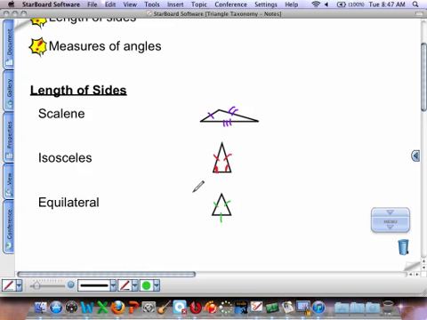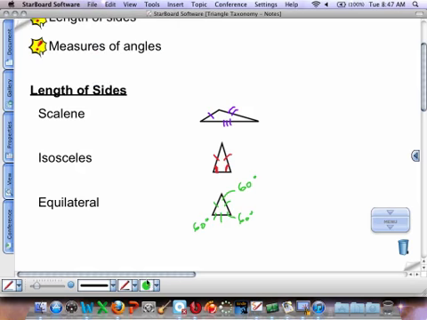Yeah, they're all the same. Not only were they all the same, but what were their measures? They're each 60 degrees. So we have all three sides are the same, and all three angles are the same. So that's how we classify based on the sides.